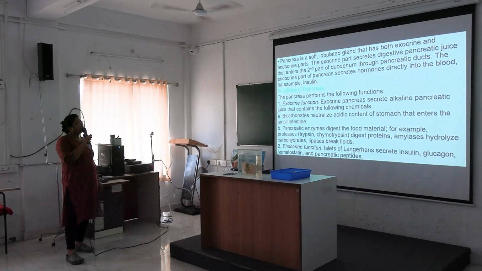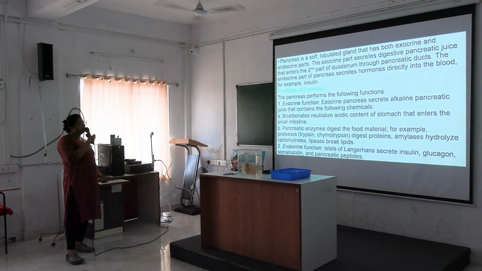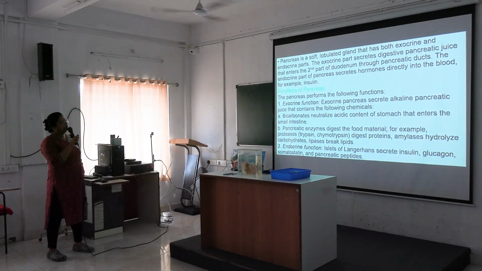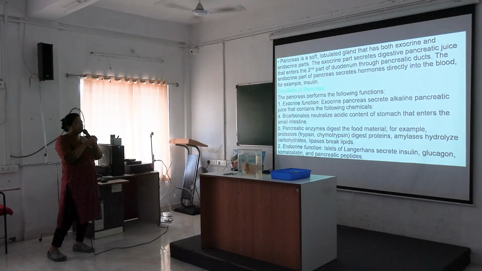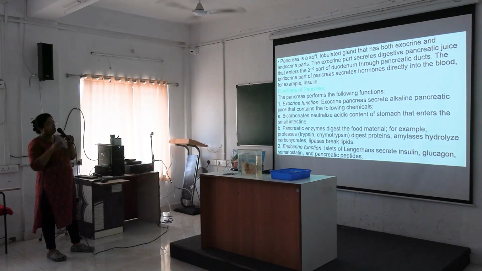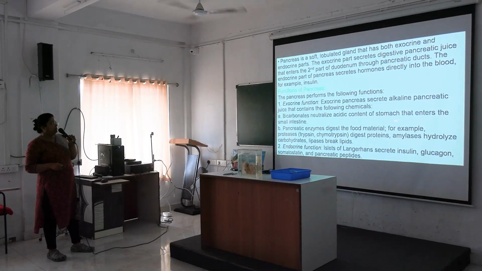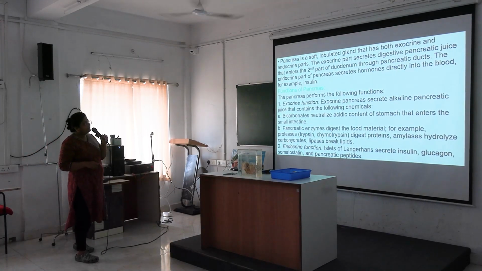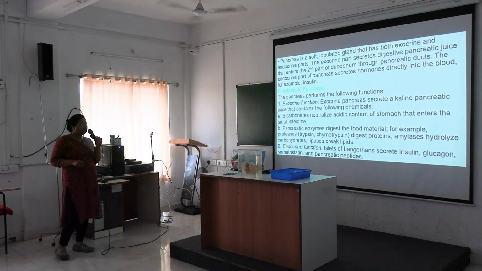What are the functions of the pancreas? It performs exocrine function. It secretes alkaline pancreatic juice, and that contains these following chemicals. Bicarbonates neutralize the acidic content of stomach that enters the small intestine, and pancreatic enzymes, they digest the food material.